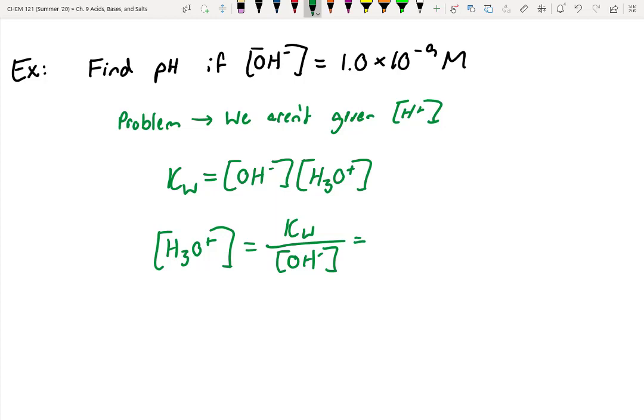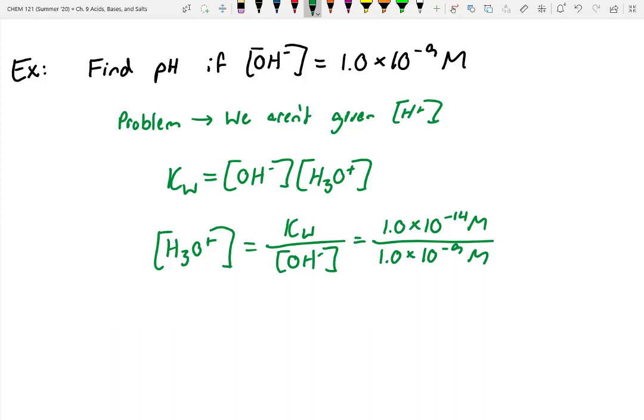We know that Kw is a constant. It's just going to be 1.0 times 10 to the negative 14th molar squared. And we were given the concentration of hydroxide here, so I just plugged this in down below. I'd say 1.0 times 10 to the negative ninth molar.